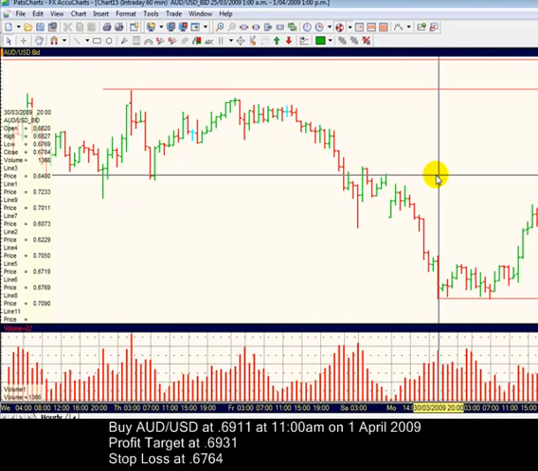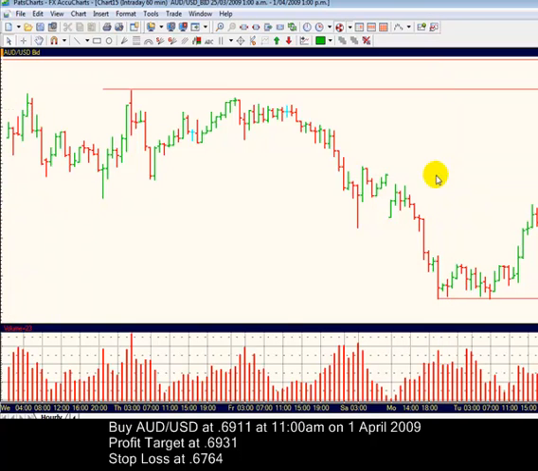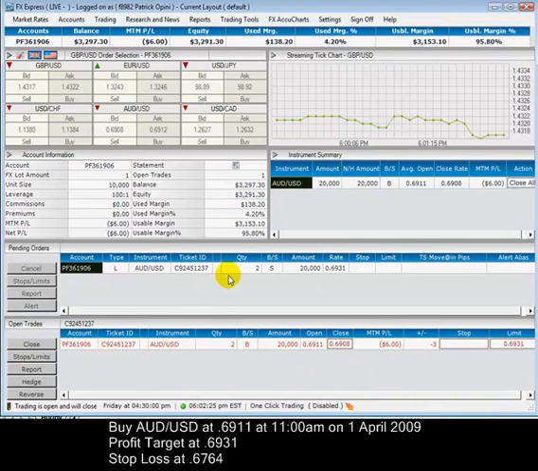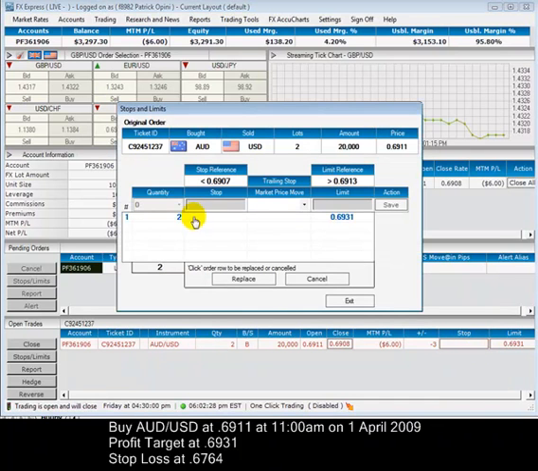The low point was at 67.65. Sorry, 67.64 is where we want the low. Let's go for that. Stop. Place the order. Execute.